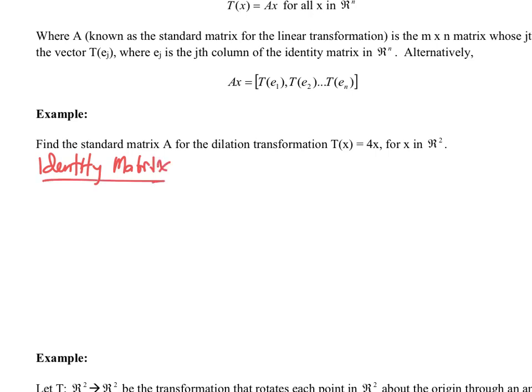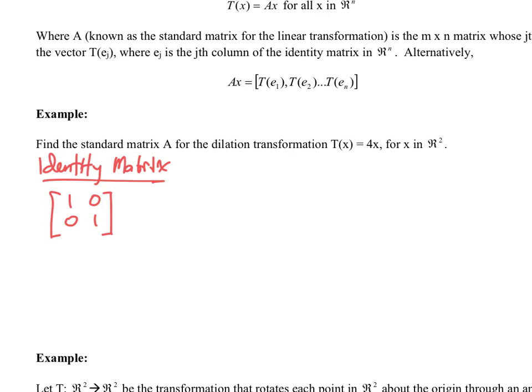Identity matrix 1001. Up until this point, it's really just been a matrix that was like, okay, it's got ones and zeros in it. Why is that important? Because it's simple. We want simple. All right, but it's more than that.